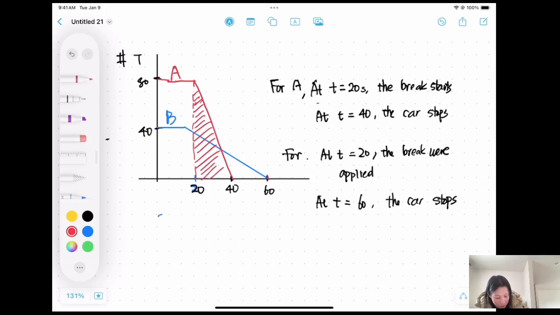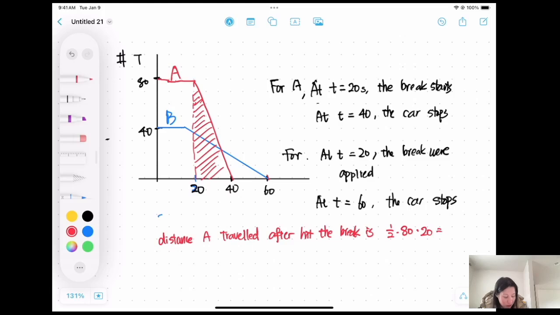So the distance car A traveled after hitting the brake is the area, which is 1/2 times 80 times 20, which is 800.